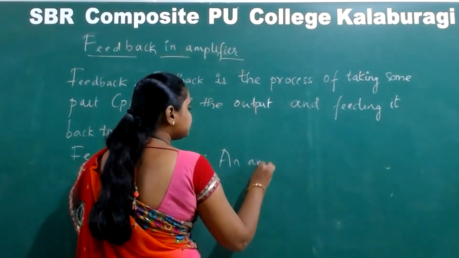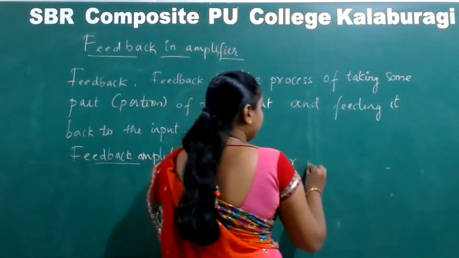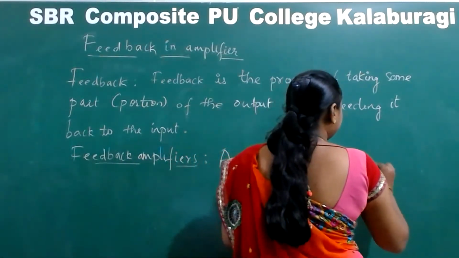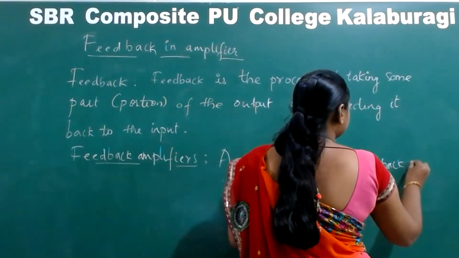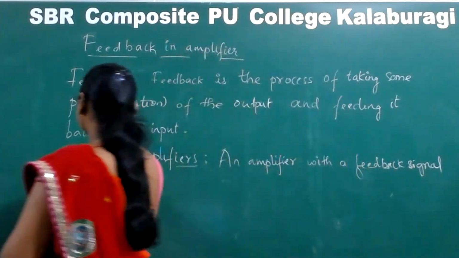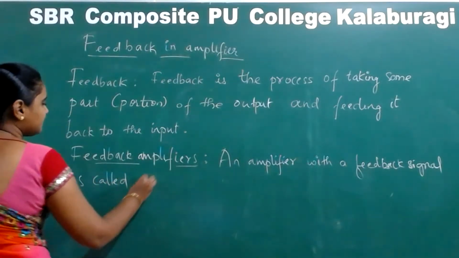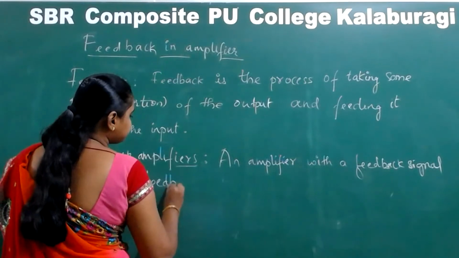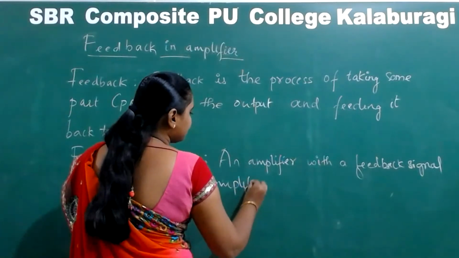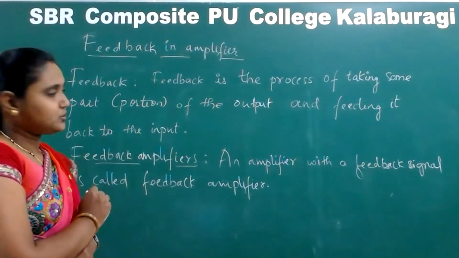An amplifier with a feedback signal is called a feedback amplifier, where feedback means some portion of the output is given back to the input.